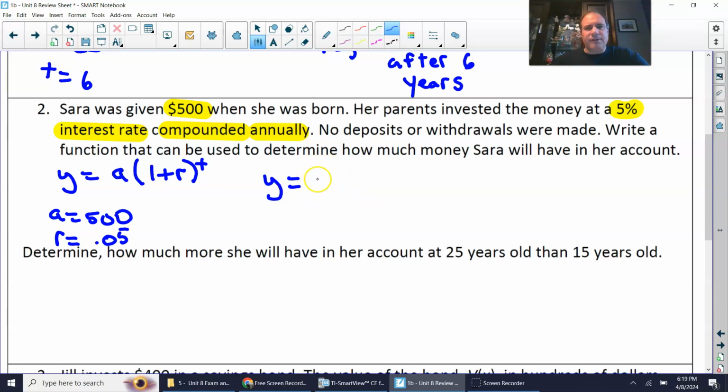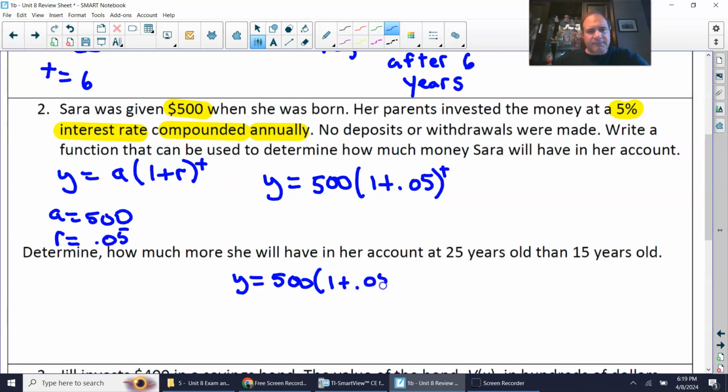So A equals 500, 1 plus R is 0.05, and T is going to stay T. So then when you write down that information and that equation, we're going to use it to figure out how much more she will have in her account at 25 years old than 15 years old.